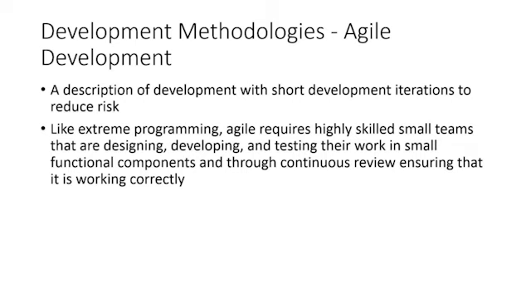And they're also going to have continuous review, ensuring that the work is going as planned and everything is working correctly. We're staying on task, but at the same time, we're minimizing risk and we're working more effectively and we're getting where we need to be. It's working correctly in Agile development.